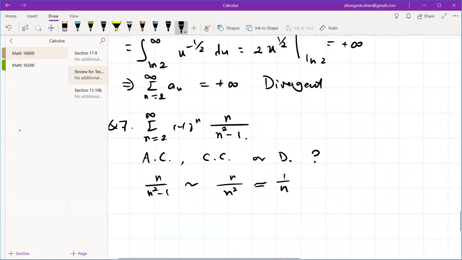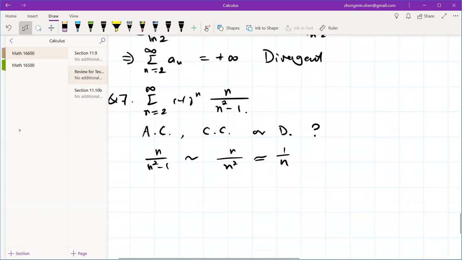You have to prove that it's not absolutely convergent. You have to prove that it's convergent. Then it's conditionally convergent. So by simple observation, if I remove the negative sign, I will end up with a harmonic series, almost. It's 1 over n, so it's divergent.